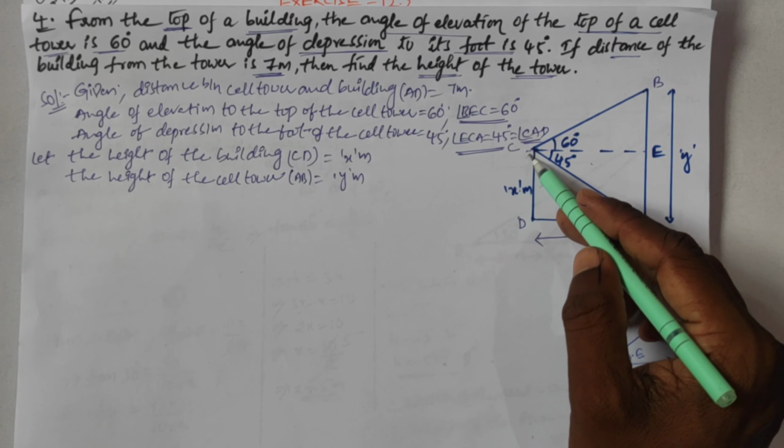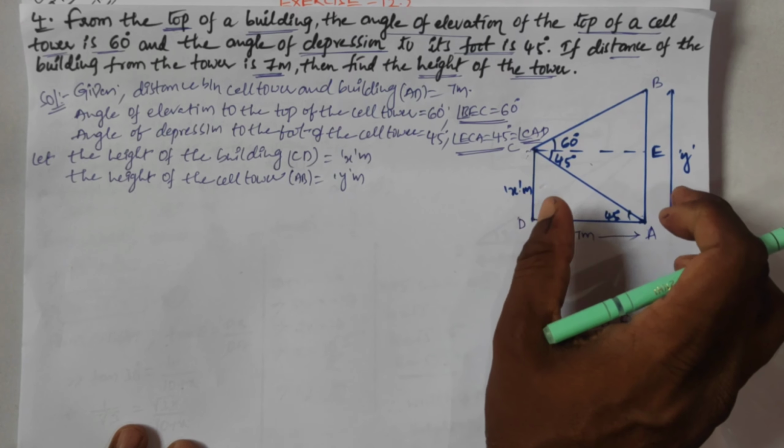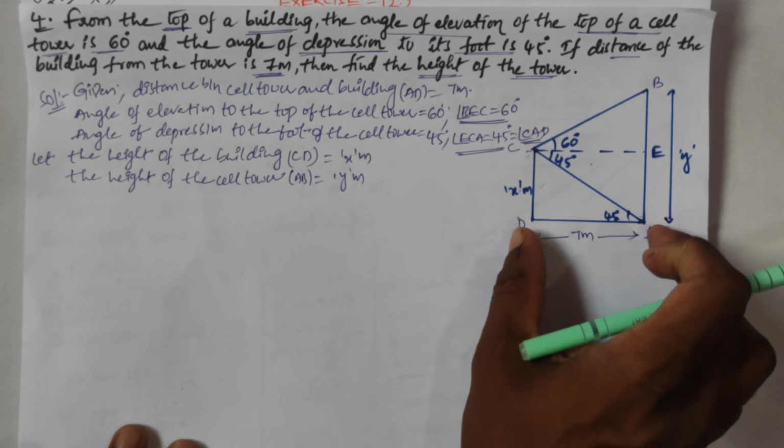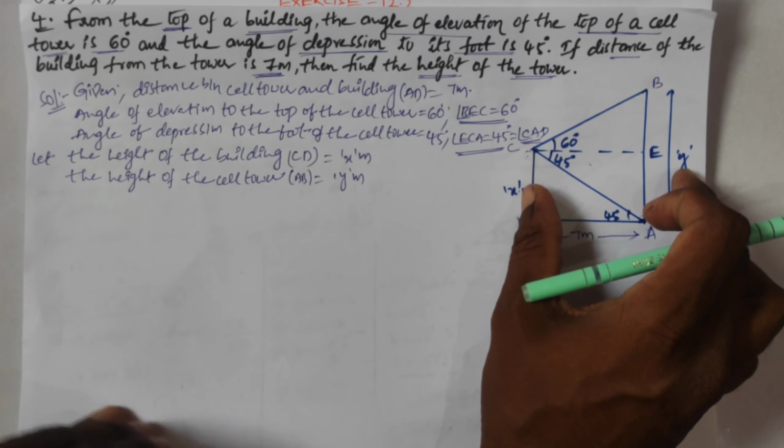Now first we'll find the height of the building. Clearly we know CD is equal to AC, because these two are opposite sides, so the lengths will be equal, and AD is equal to CE, because these opposite sides are equal, right?